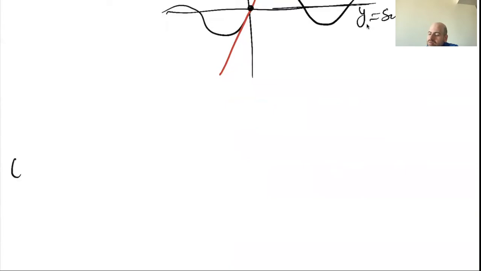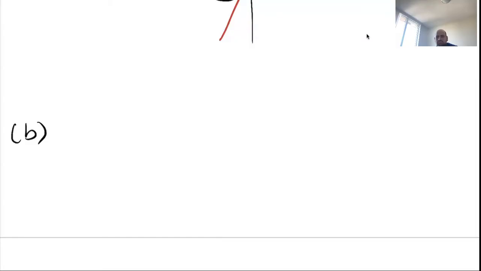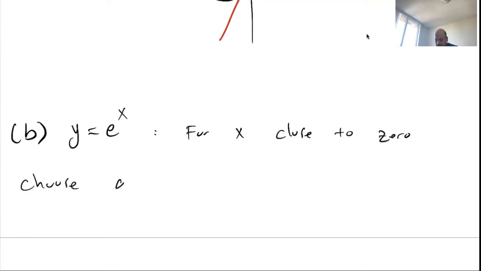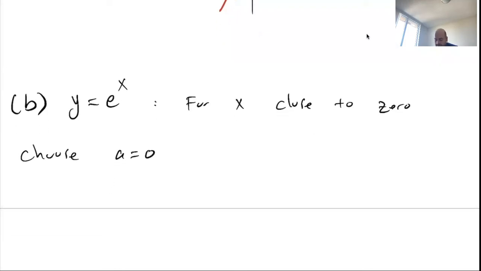So now for part B, so this was part A of the question. For part B, let's consider y equals e to the x, again for x close to 0. This time again, choose a equals 0, because f of 0 equals e to power 0 equals 1 can be computed without calculator.